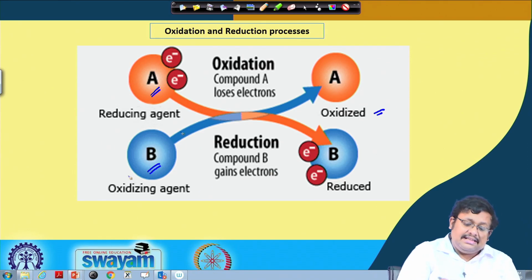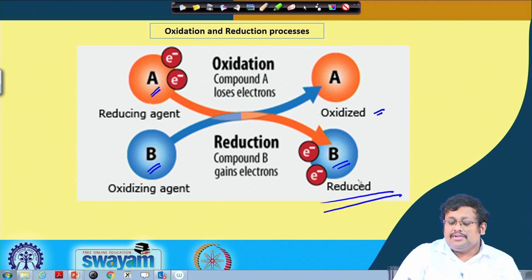In the other way, these oxidizing agents, which have a lesser amount of electrons, will accept these electrons to be reduced and then converted into the reduced form. So, that is B. Reduction is denoted by this blue line, which is component B, where it is gaining electrons.